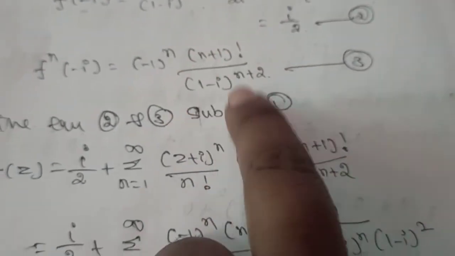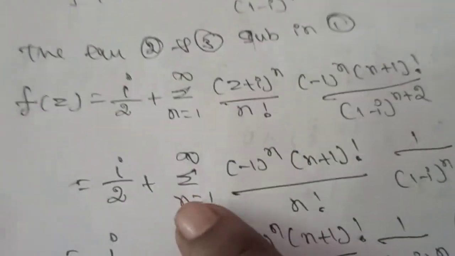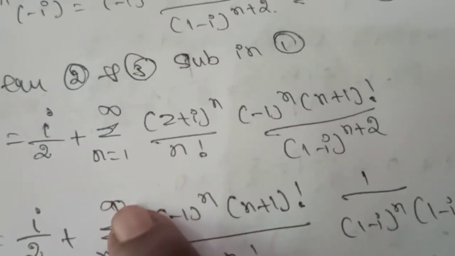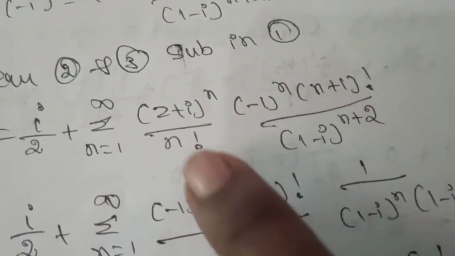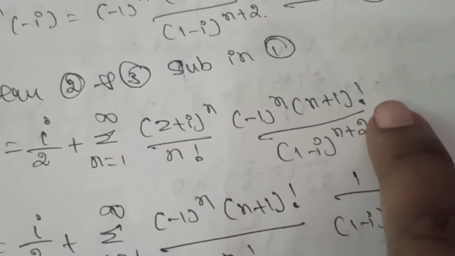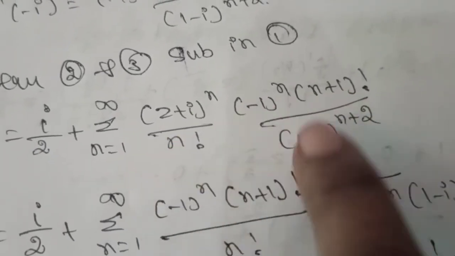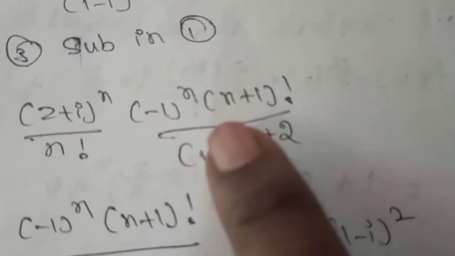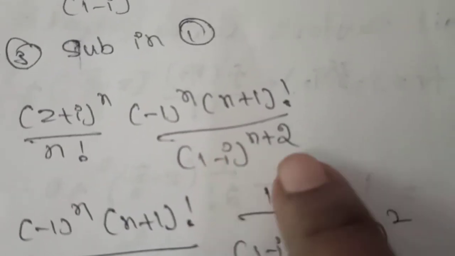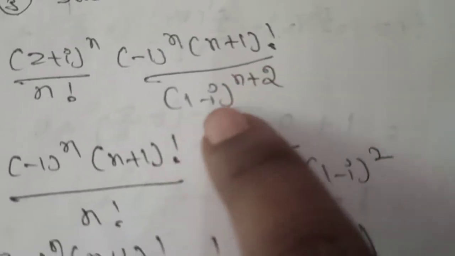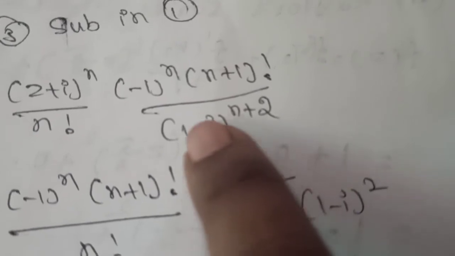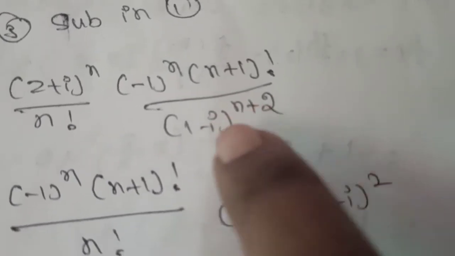Next, that is i divided by 2 plus summation of n equal to 1 to infinity, taking (minus 1) to the power n and (n plus 1) factorial outside, divided by n factorial, with the remaining value 1 divided by (1 minus i) to the power n plus 2. Split this value: (1 minus i) to the power n plus 2 is (1 minus i) to the power n into (1 minus i) whole square.